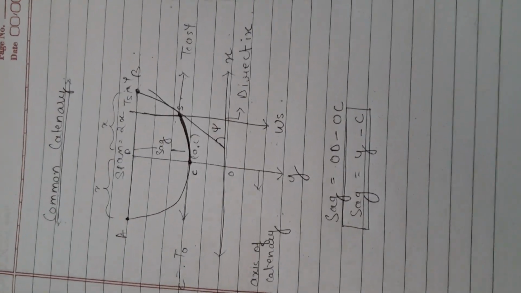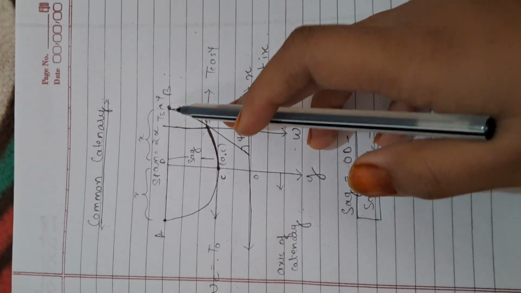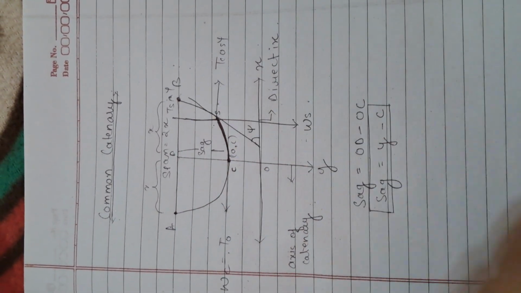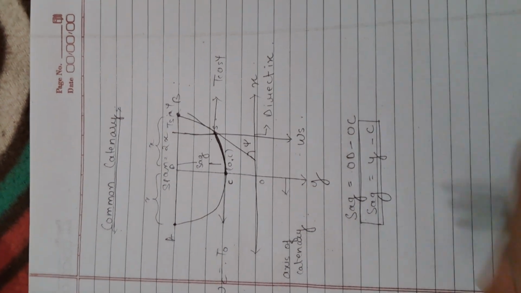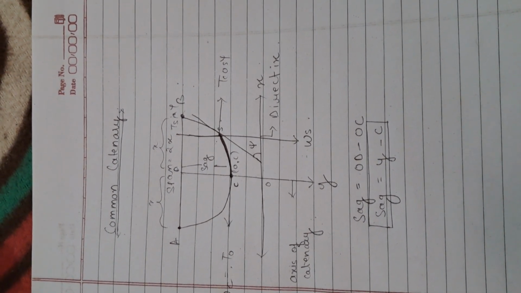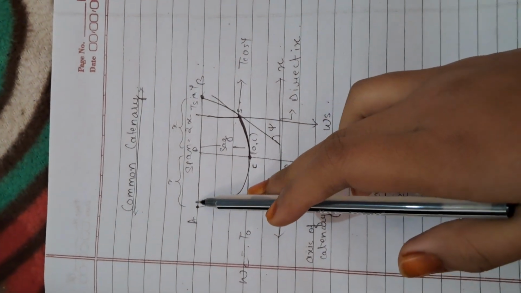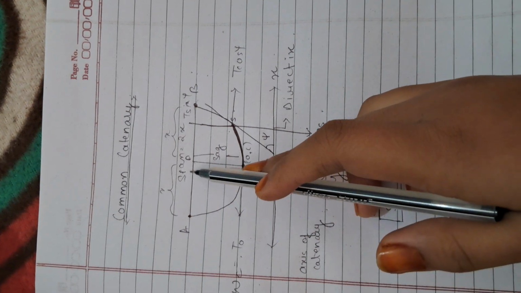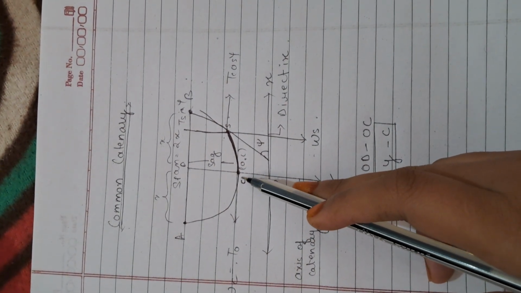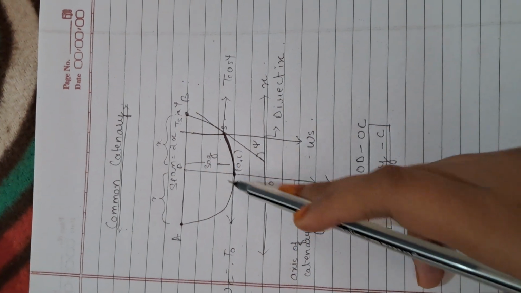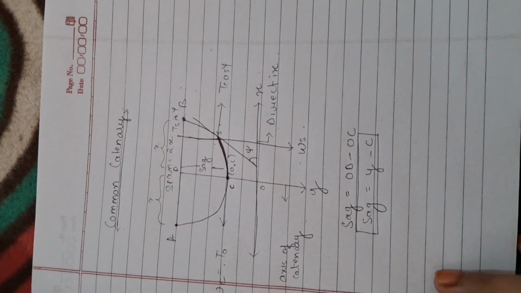Again, taking an overview of this catenary: we have taken a catenary fixed at two points that are not in the same vertical plane, and the weight per unit length of the string is constant. This becomes a common catenary, in which the distance between the two fixed points is known as our span, equal to 2x, and the distance from the lowest point of catenary to the highest point is known as our sag, equal to y minus C, which we have derived.